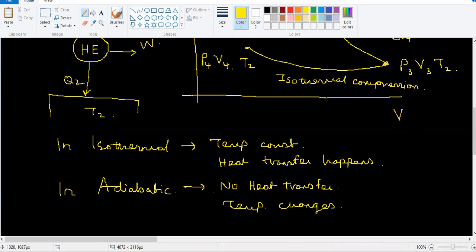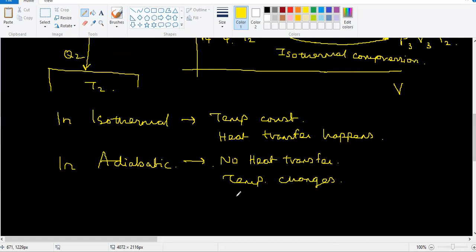Temperature changes. So suppose if I pull the piston, expansion means the temperature will drop. Compression means temperature will rise.